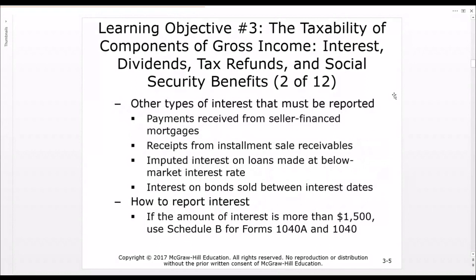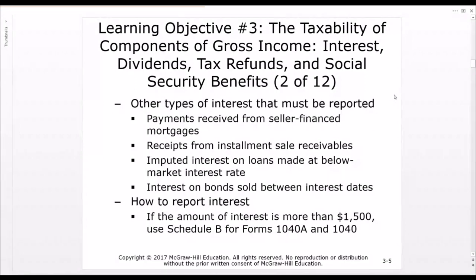Okay. So other types of interest that may be reported, I indicated here payments received from seller finance mortgages, right? So the interest that you receive if you sold your home yourself should actually be considered income, right? So think about it.